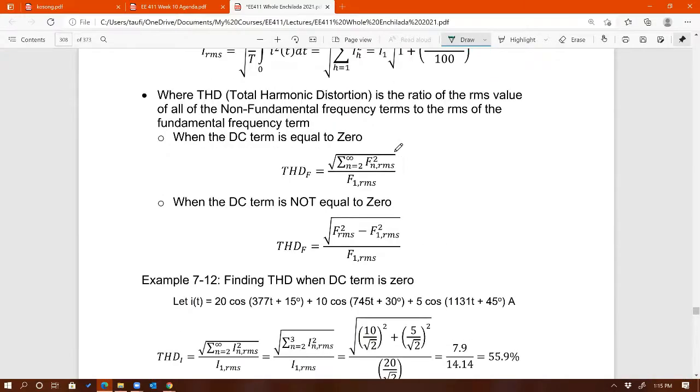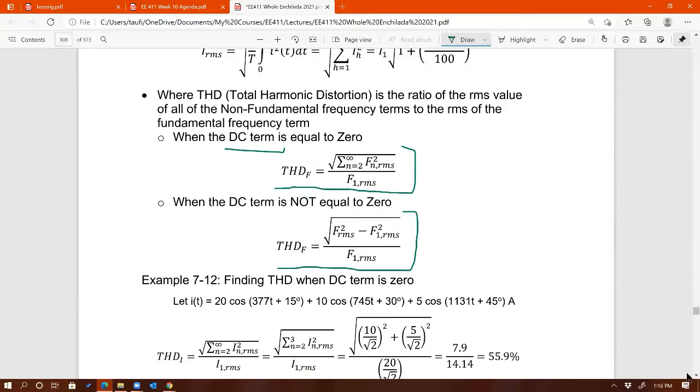If the DC term is equal to 0, so no offset, that's going to be the equation to calculate THD. If the DC term is not equal to 0, if there is a DC offset in the voltage or current, then you use the second equation right there. Those are two different equations to calculate THD, total harmonic distortion.